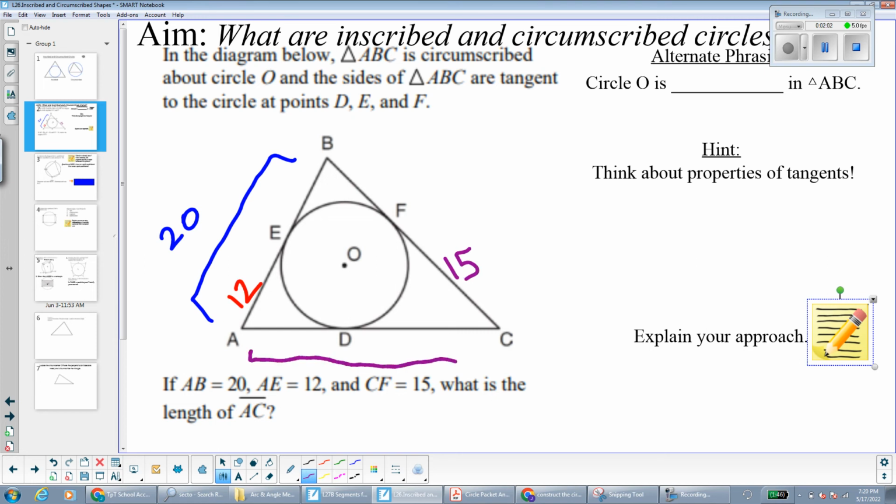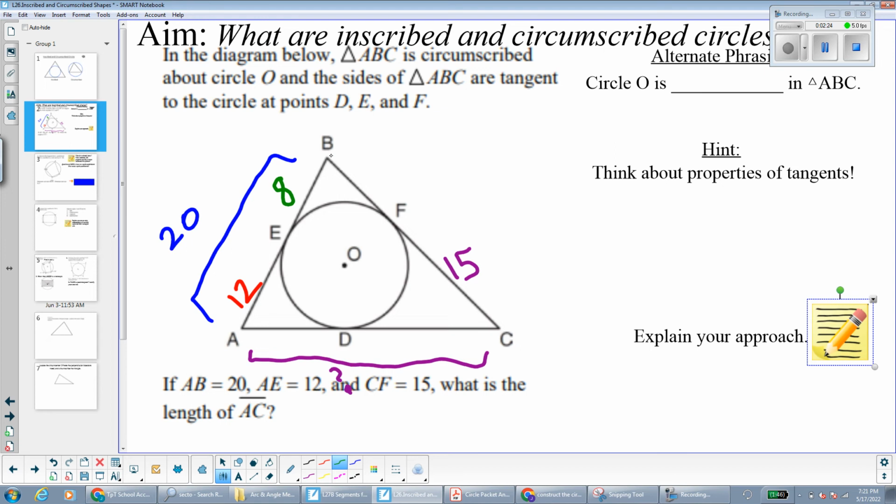So this is what we are trying to find. Take a second. Can you find the length of BE? If you said 8, you are definitely correct, since BA or AB is 20 in total.